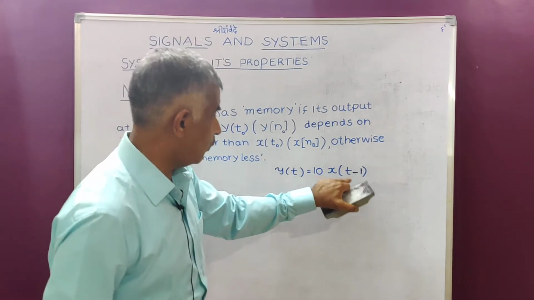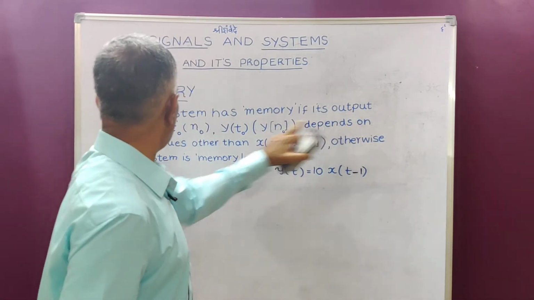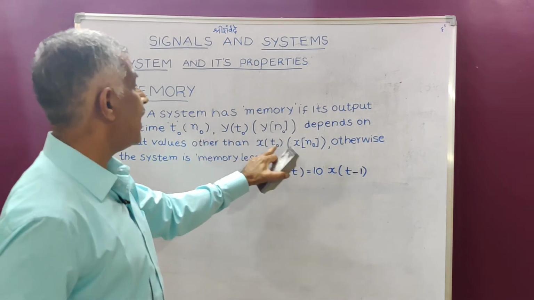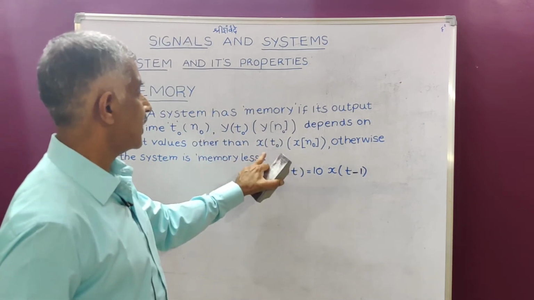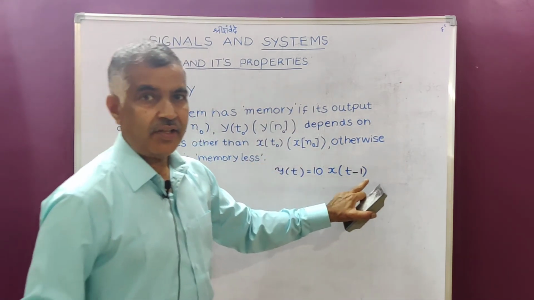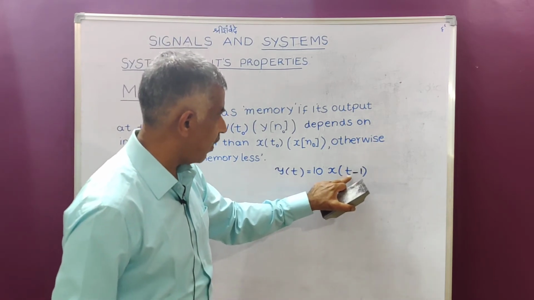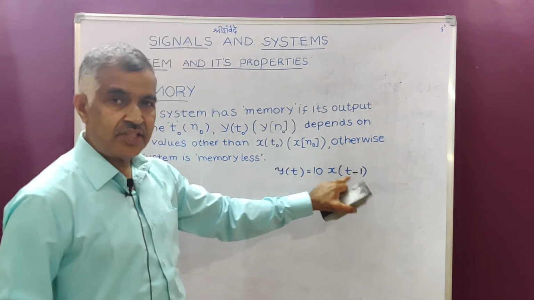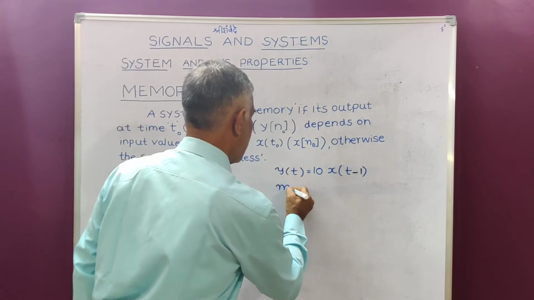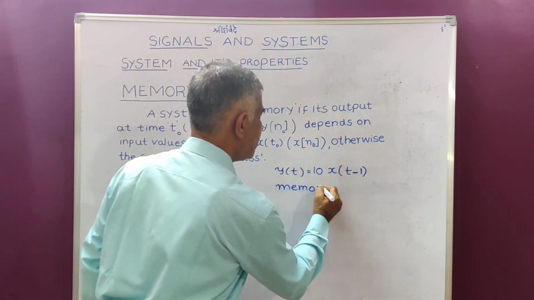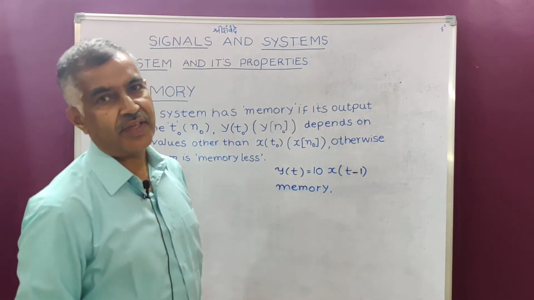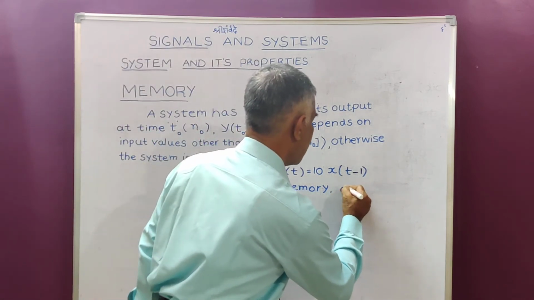Hence, this depends on input values other than x of t0, other than x of t, which is x of t minus 1. Hence, this system is said to be memory. When the system has memory, we say the system is dynamic.